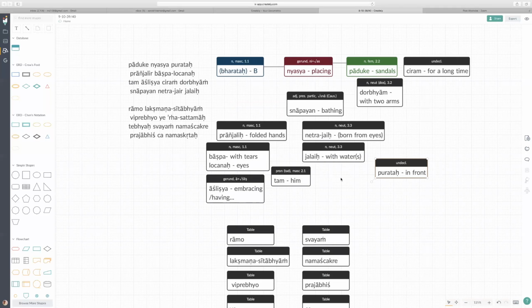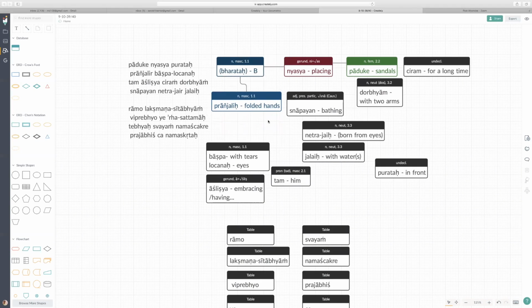Adjective. Yeah, it's adjective. So if we are not talking about hands, if we are talking about somebody having folded hands, then it is actually a samasa. It's what we call bahuvrihi, actually.